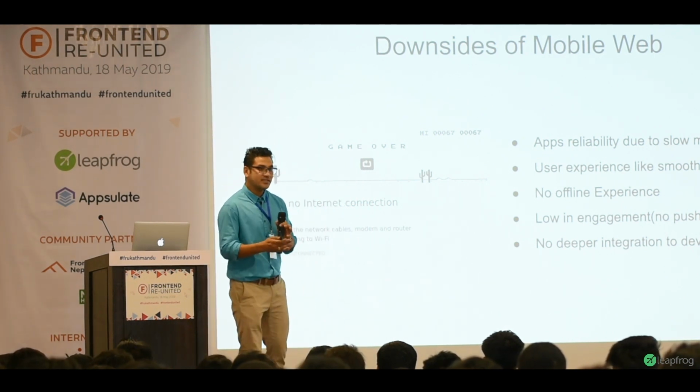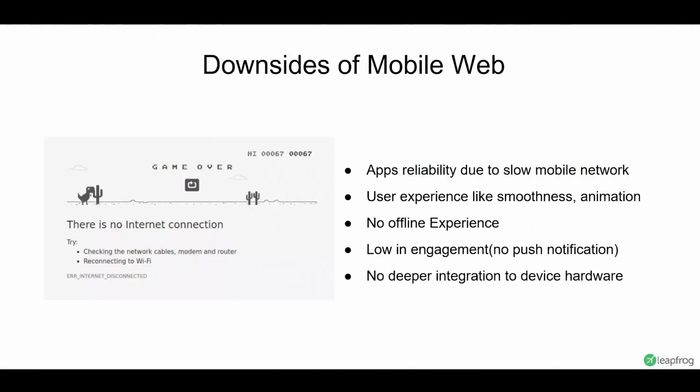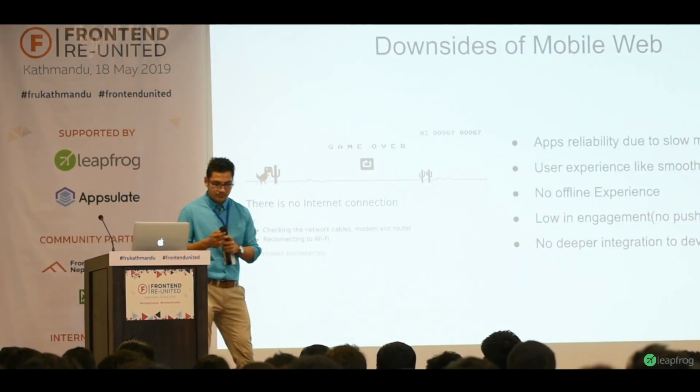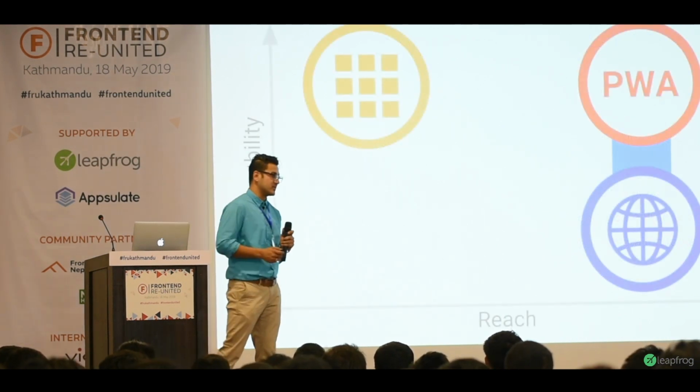That's why it doesn't have that closer integration with the hardware level. App reliability is also poor on slow networks, not that efficient. So this is where PWA comes into action.